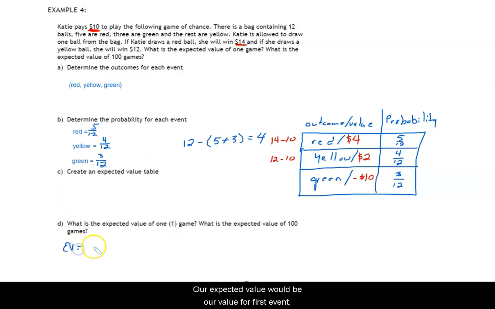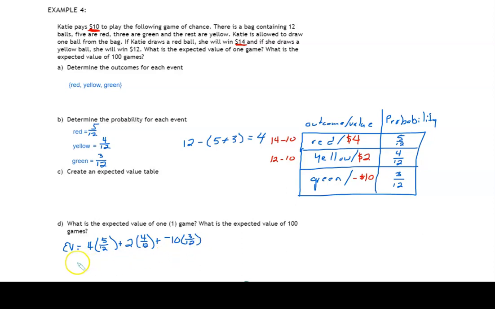Our expected value would be our value for our first event, 4, times that probability, 5 over 12, plus our second event, 2 times 4 over 12, plus our last event, so plus a negative 10 times 3 over 12. Putting all of that into your calculator, you should get negative 1/6.